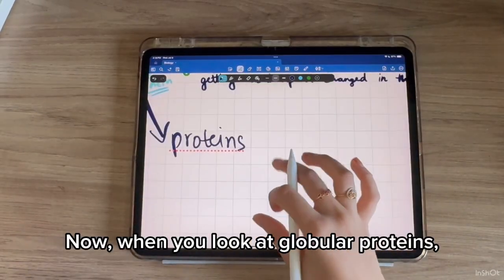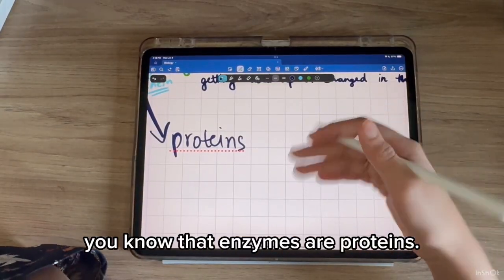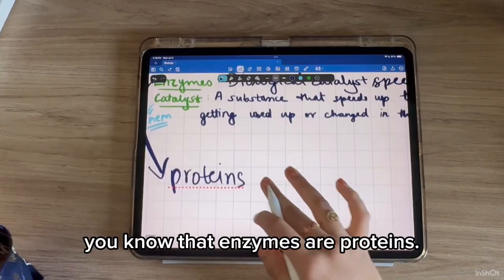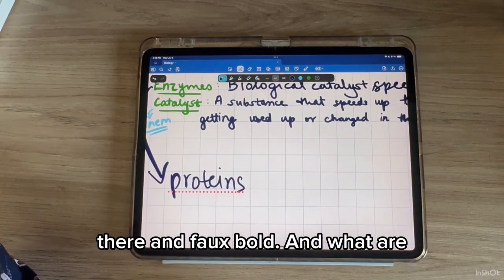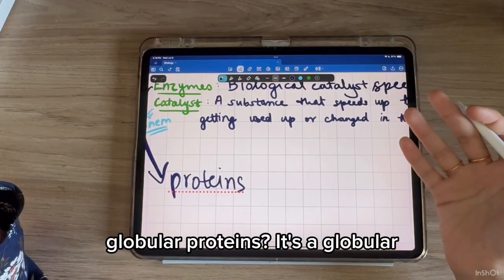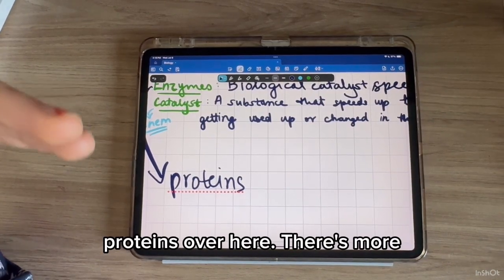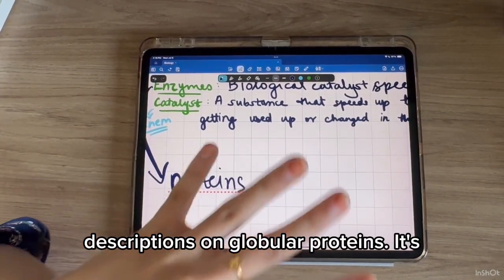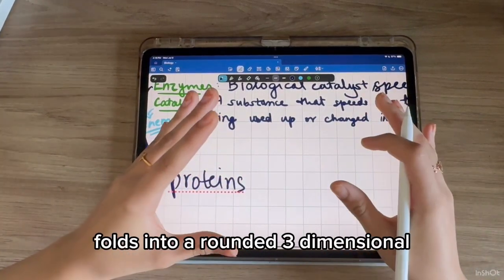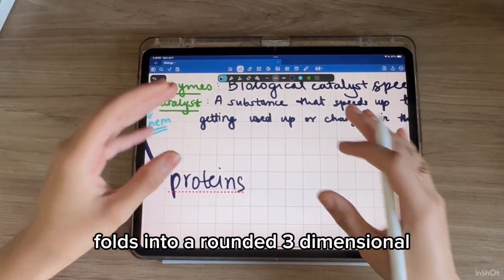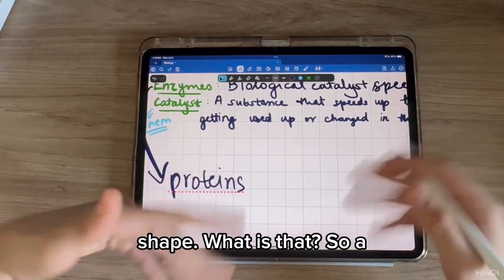Now, when you look at globular proteins, you know that enzymes are proteins. That's why proteins is written over there in full bold. And what are globular proteins? Over here, there are more descriptions of globular proteins. Their polypeptide chain folds into a rounded three-dimensional shape. What is that?